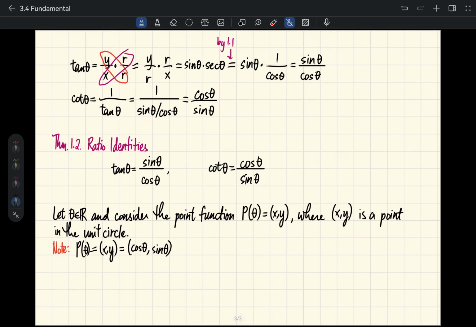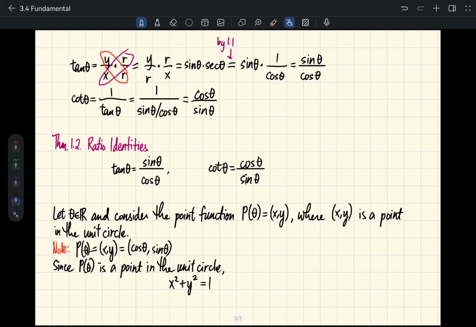And since P of theta is a point in the unit circle, that means that x squared plus y squared equals 1. But what's x? From this one, we said that x is cosine theta and y is sine theta.